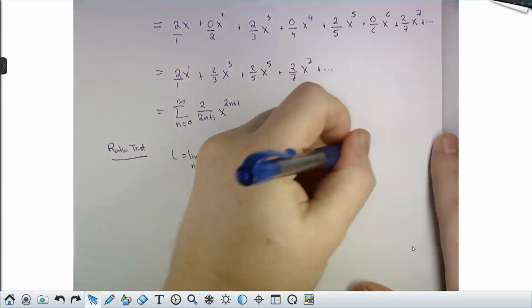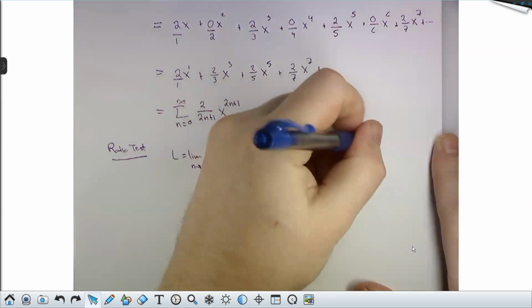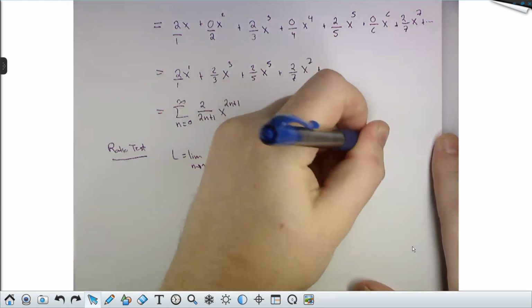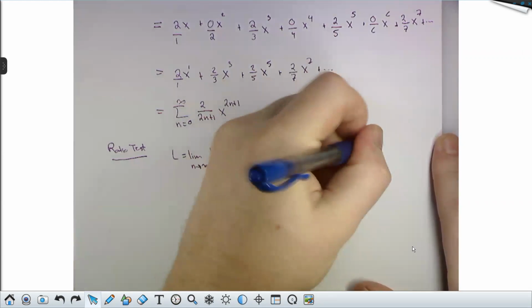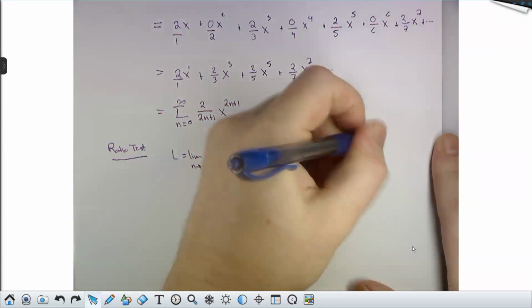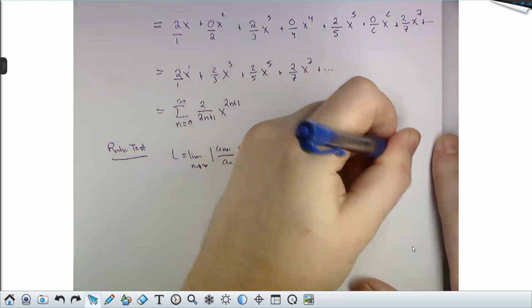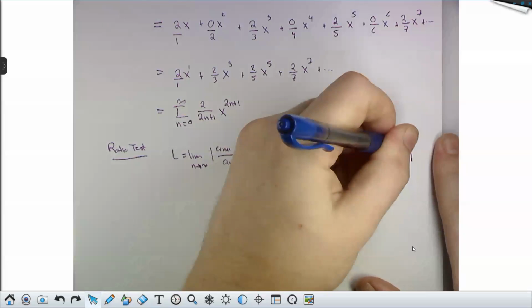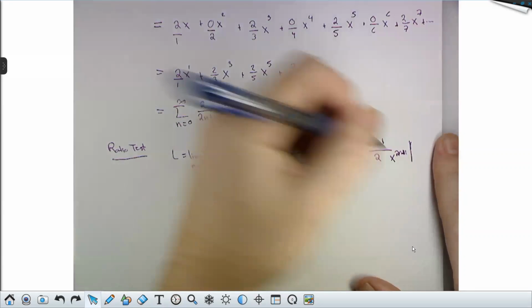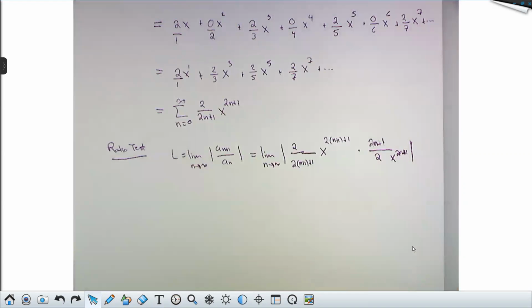And then I'll multiply by the reciprocal of a sub n, which is 2n plus 1 over 2x to the 2n plus 1 like this. Switch to this pen.